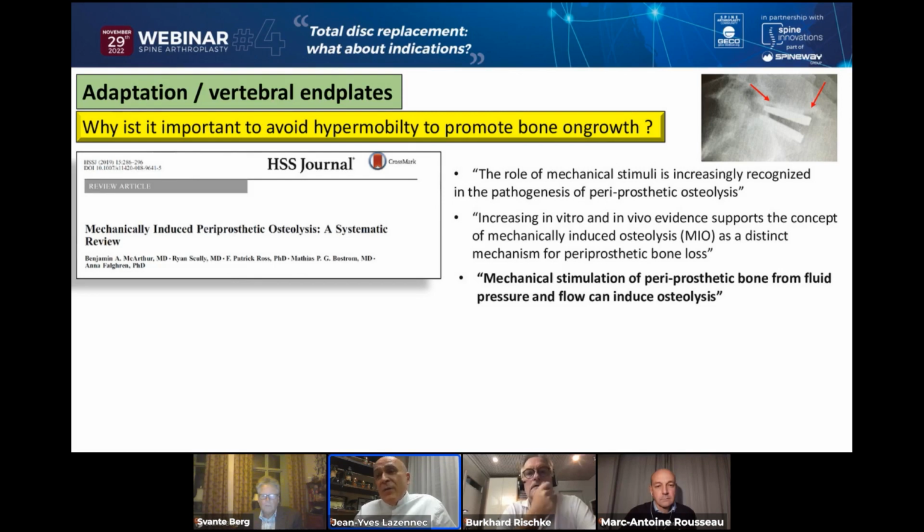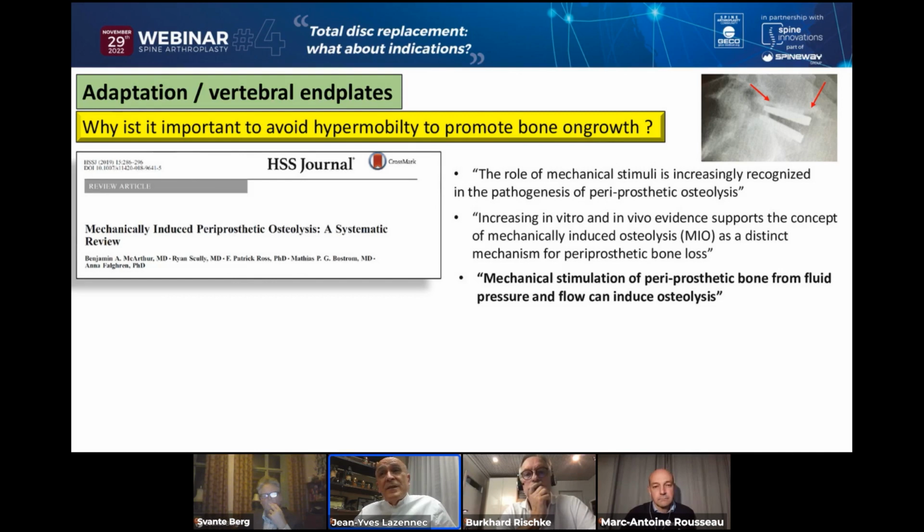It means that when you implant a prosthesis, immediately you have a periprosthetic membrane. If you have too much mobility, but not a huge mobility, you have progression of fluid between the implant and bone. And as you see on this prosthesis at the top, whatever the brand is, it is not a problem, you have those small cavities between the end plate and the bone.